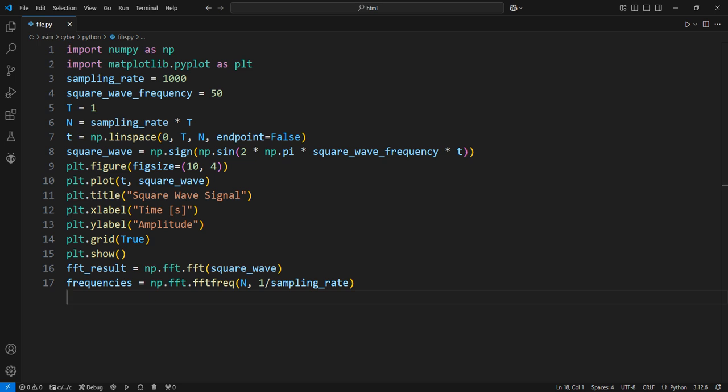The second parameter d is the sampling interval, the inverse of the sampling rate.